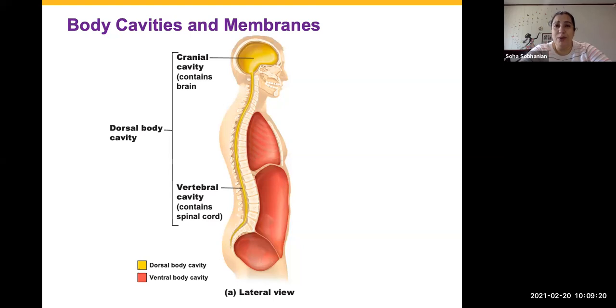Again, it's really important, guys. Exam questions could be something like, which cavity does your heart belong to, okay? What subcategory does your heart belong to? Your heart. Okay, thoracic is the big one, but what is the small cavity that contains the heart?